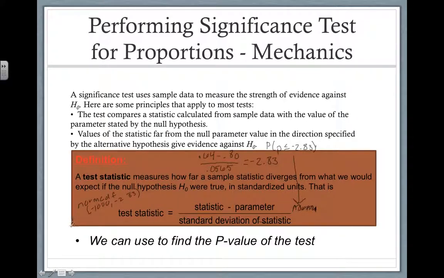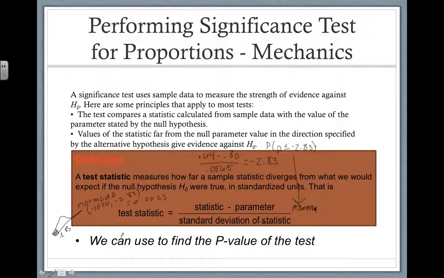You're looking for that little piece of the curve from the last one, where that's the negative 2.83. It's standardized, so you don't have to put in a mean or a standard deviation, just 0 and 1. And so your answer here is a really, really small number.